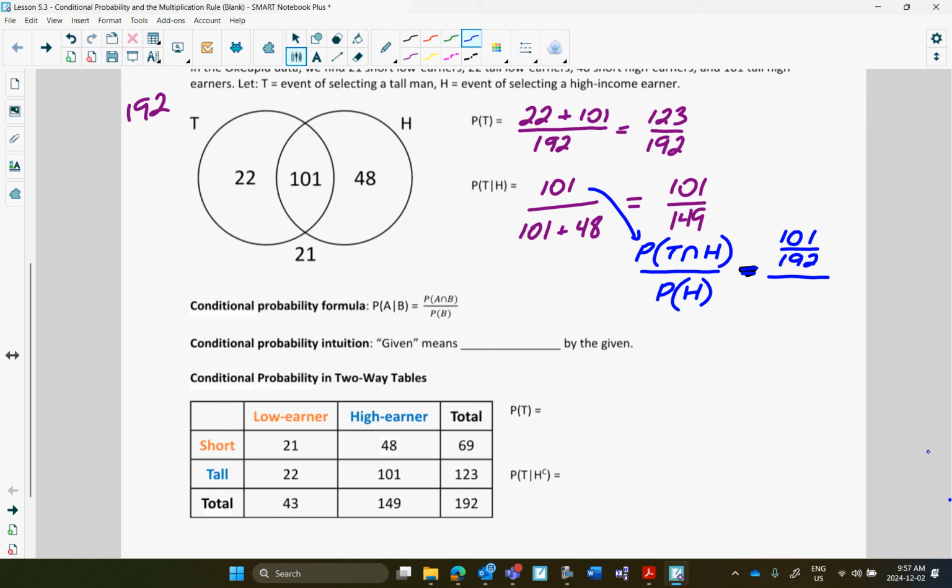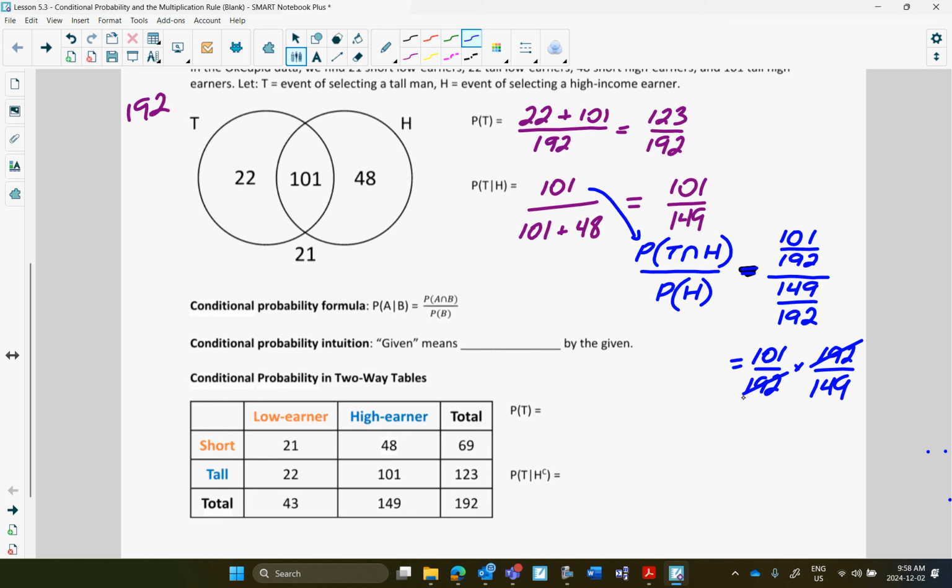The probability that they're a high income earner is 149 out of 192. Well, we're dividing fractions here, right? So this is the same as 101 out of 192 times 192 out of 149. Those reduce down to 1, and we're left with 101 out of 149.